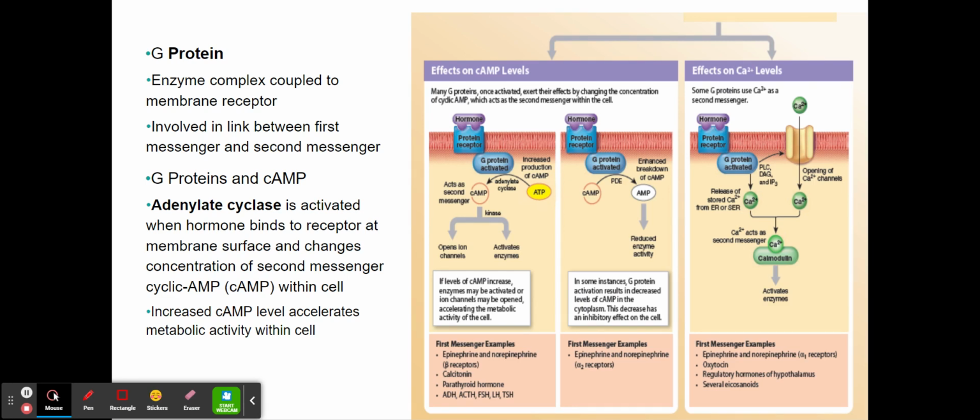The increase in cAMP levels is usually short-lived because the cytoplasm contains another enzyme, phosphodiesterase, which inactivates cyclic AMP by converting it to AMP, or adenosine monophosphate. The figure here in the center depicts one way the activation of a G protein can lower the concentration of cAMP within the cell.